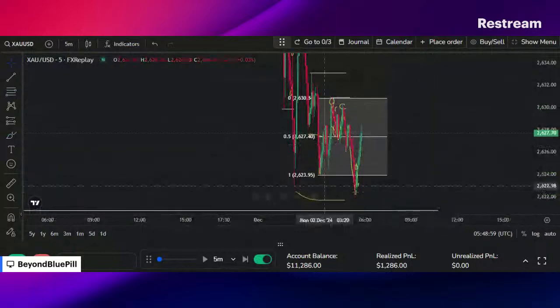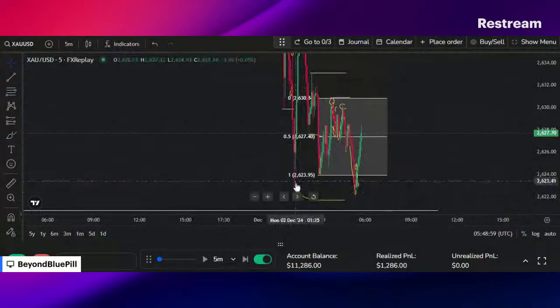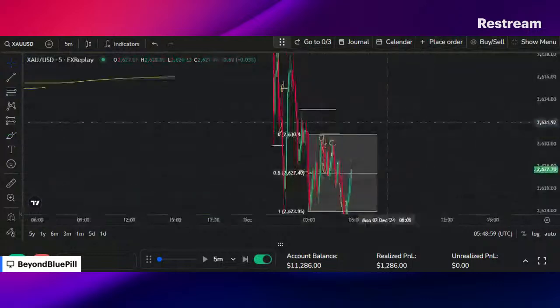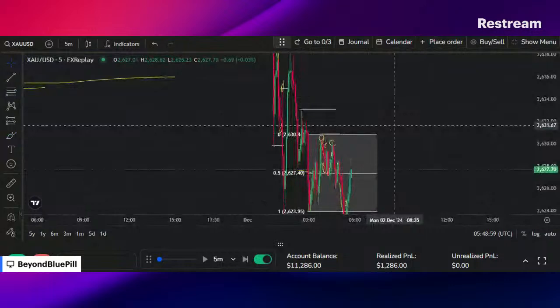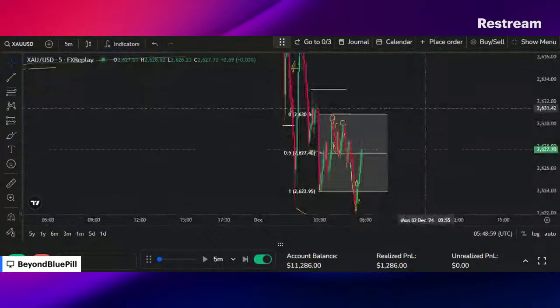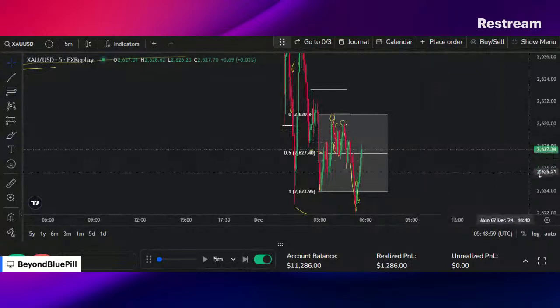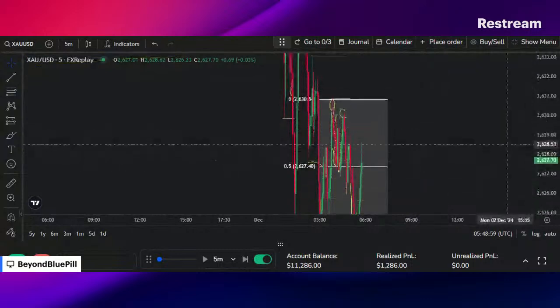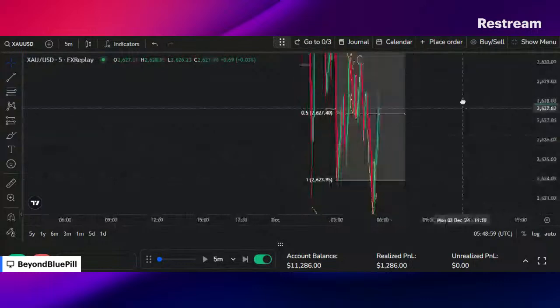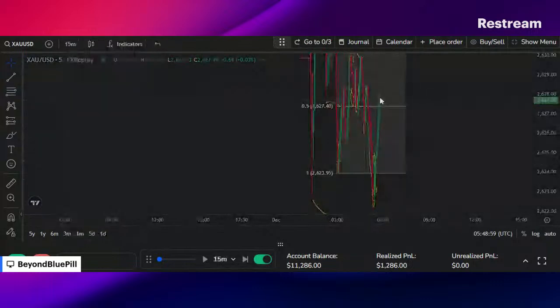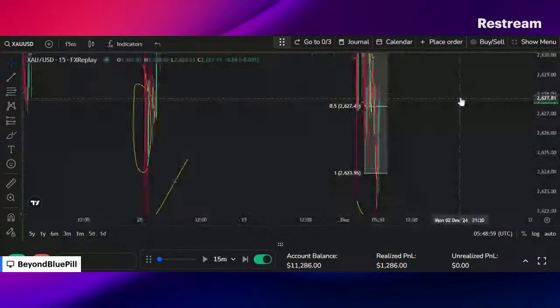Oh, we failed here, so I'm expecting price. Okay, should we fail here and we trade lower? A little confusing here, I'm not gonna lie.